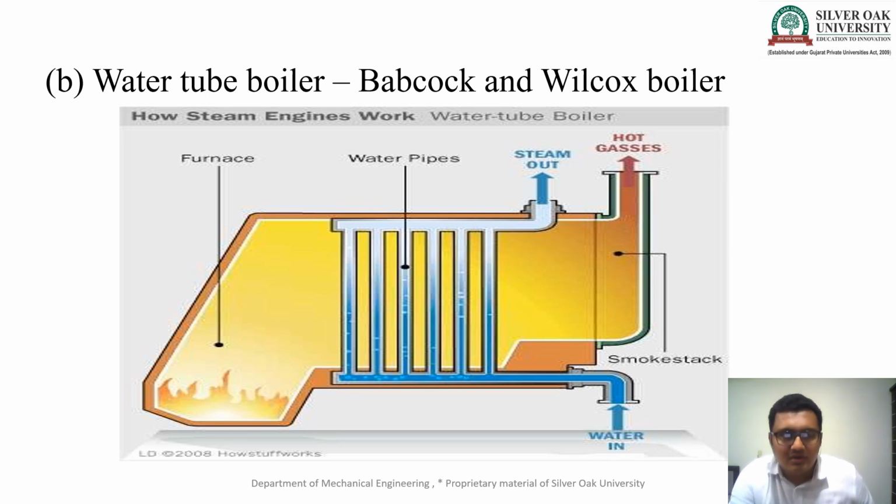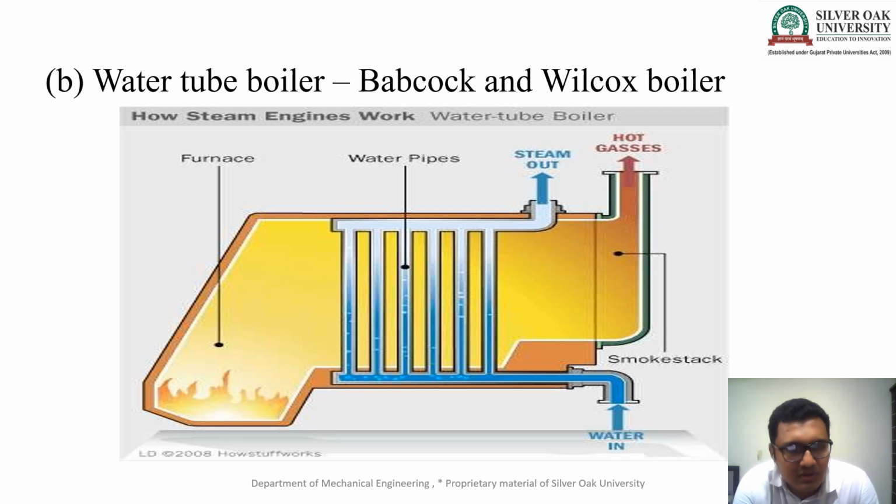That means the water is inside the tube and the hot flue gas is outside. That is, the water in the tube is called the water tube boiler. We can consider the Babcock-Wilcox boiler as a water tube boiler.